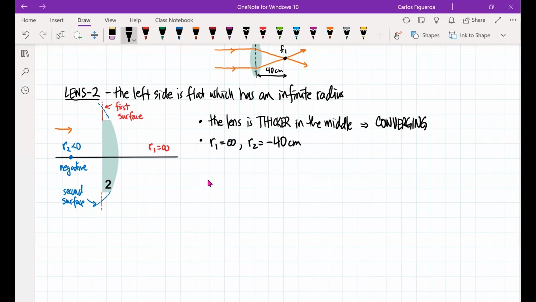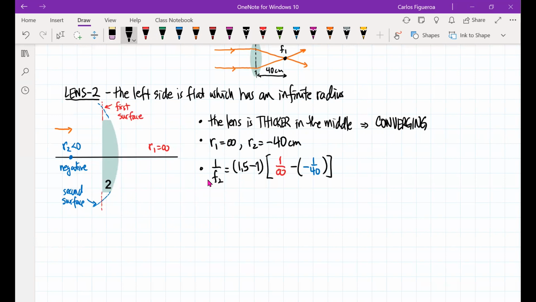So let's look at the lens maker equation. Just putting in the numbers immediately, here's what we get. The first term is 1 over infinity, and then minus, and then the second one is minus 40 over 1.